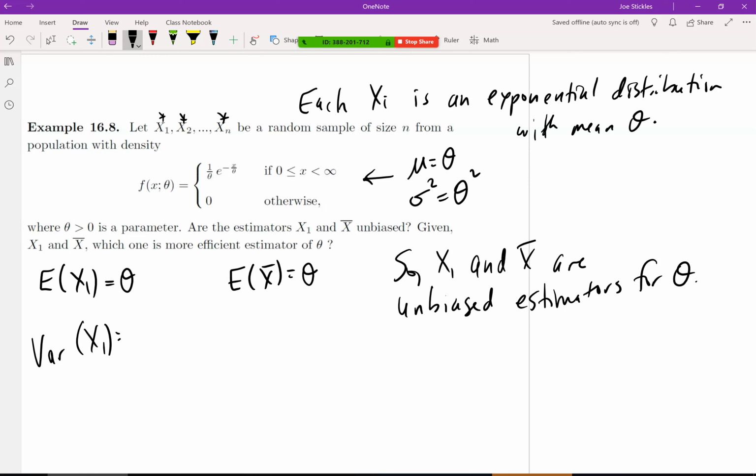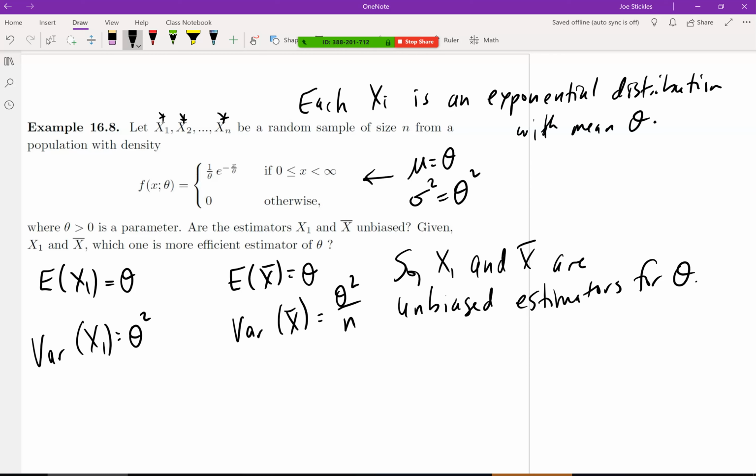Since it has an exponential distribution, the variance of x1 is sigma squared, because it's just one of the sample pieces. But the variance of the sample mean is sigma squared over n, because the variance of the sample mean is the variance of the population divided by the sample size.